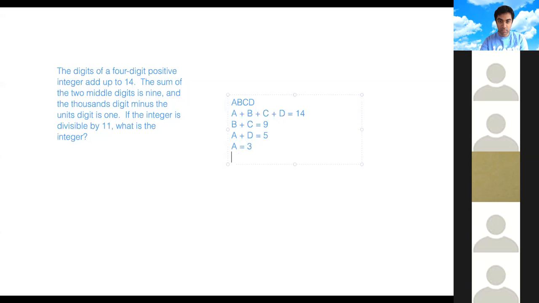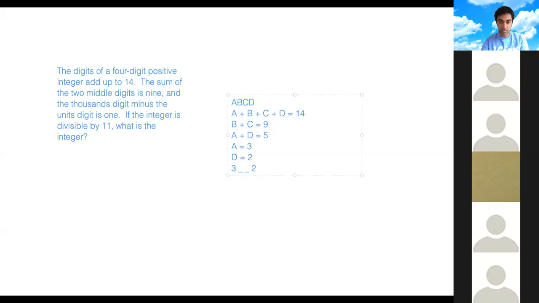And it also says that it's divisible by 11. So if 3 is the first number, then the second number is greater than 3, and the third number, the tens place, will be greater than 2. These two missing digits equal 9.